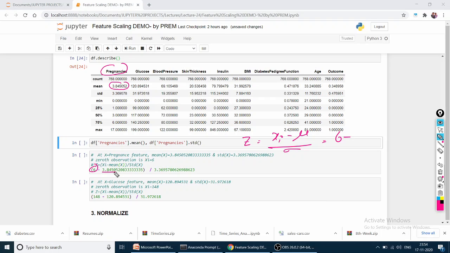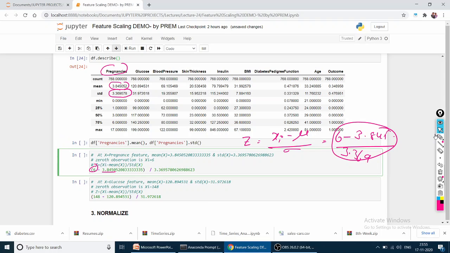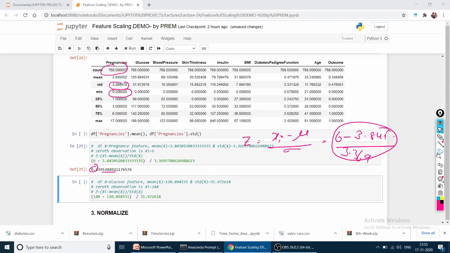This is the mean value, 3.845 something. The standard deviation is 3.369. If you calculate this, what is the value we are supposed to get? 0.6395. This is the value we are supposed to get.